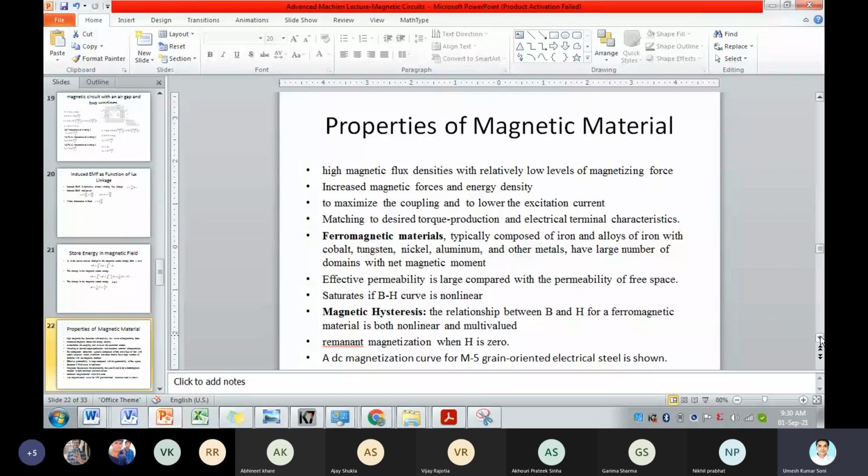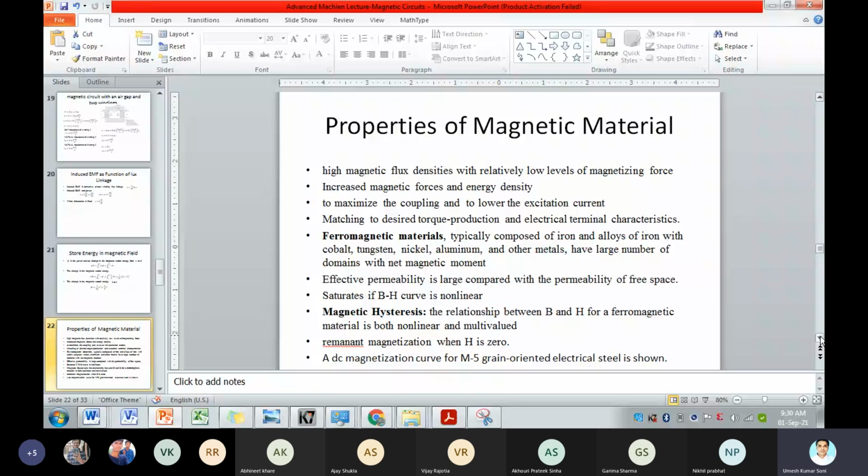So in high frequency circuits where high frequency AC or high frequency switch mode DC is used, there should be very high permeability and the flux will instantly change with the current.